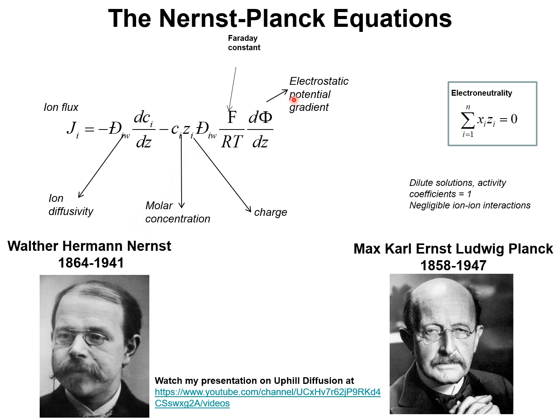In addition, there is a term that describes the influence of the electrostatic potential gradient. F is the Faraday constant, R is the gas constant, T is the temperature, z_i is the charge on the ionic species i, and c_i is the molar concentration of species i.